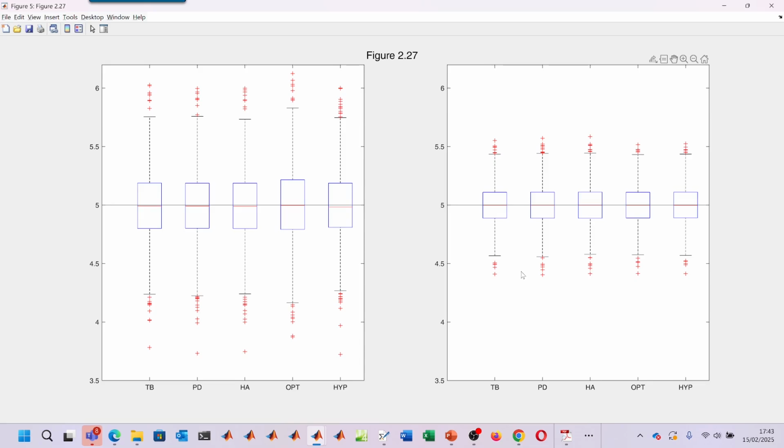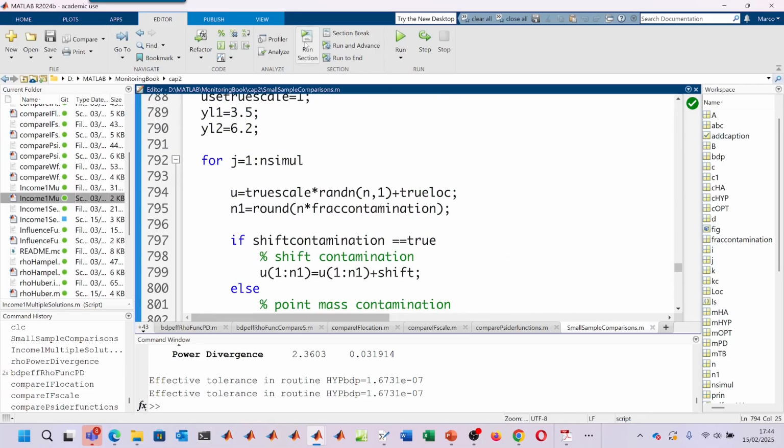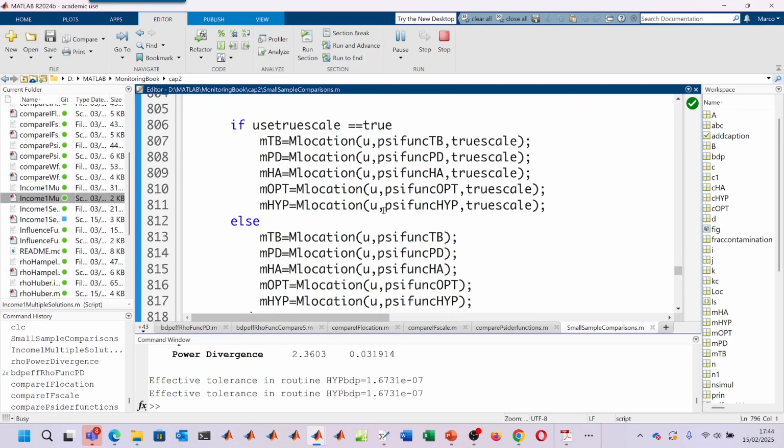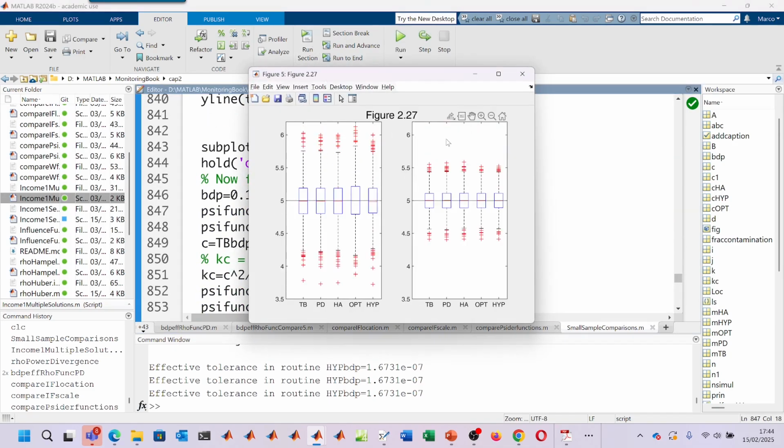And this also suggests that if you use a breakdown point that is very close to the true fraction of contamination, your results are very good. But despite the advantages of using the correct value of sigma in your estimation, if you have to estimate it as well, things are, as figure 2.26 shows, rather different.